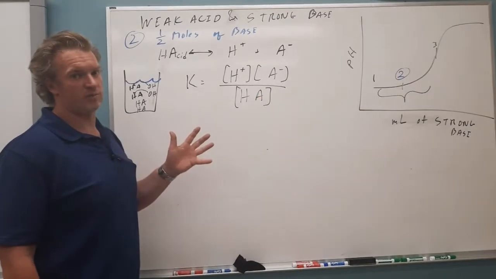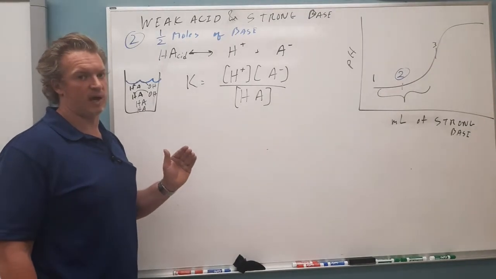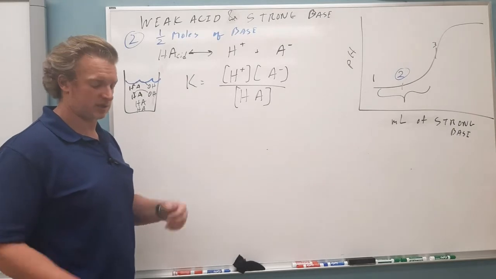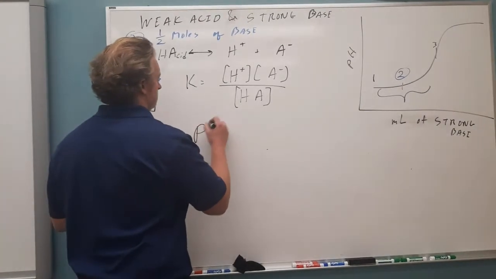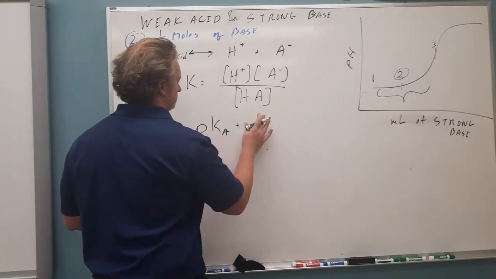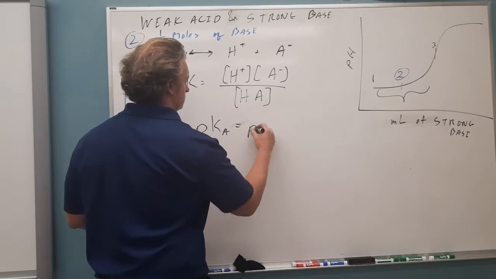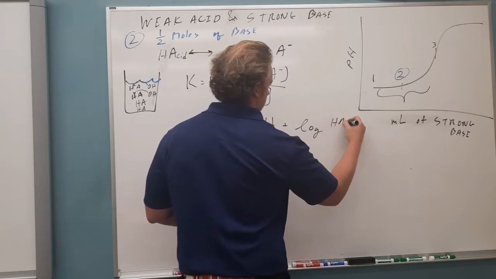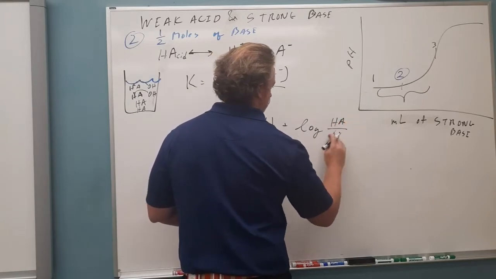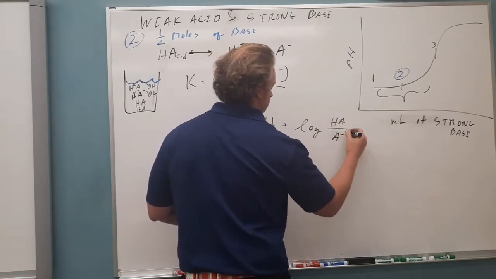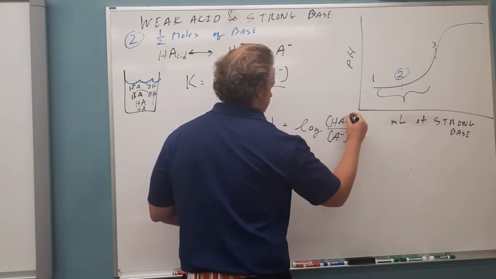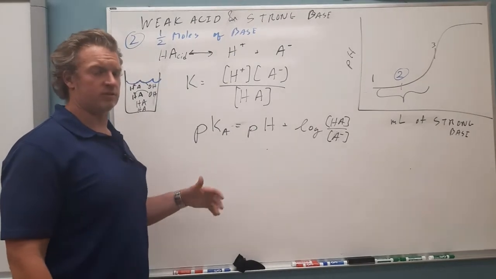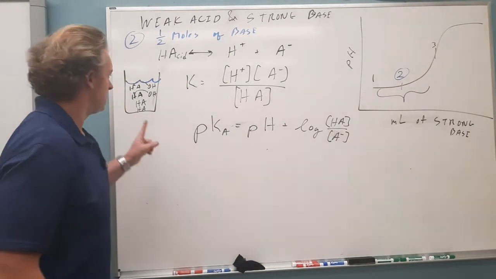At the half equivalence point, we use the Henderson-Hasselbalch equation because the math works out very nicely and logically. No rice table needed. We logic and reason through this.